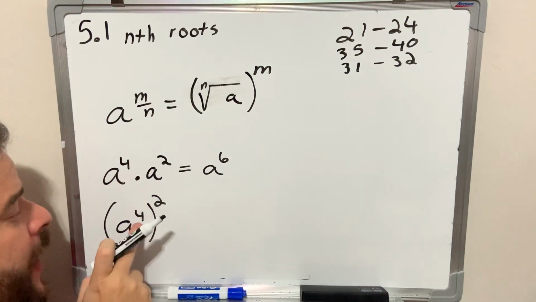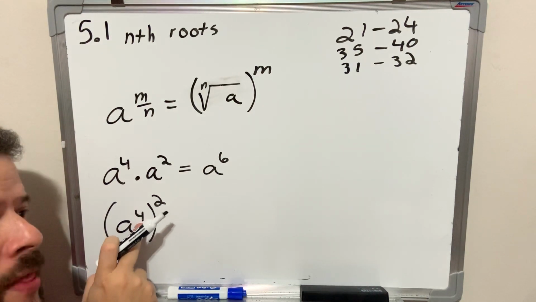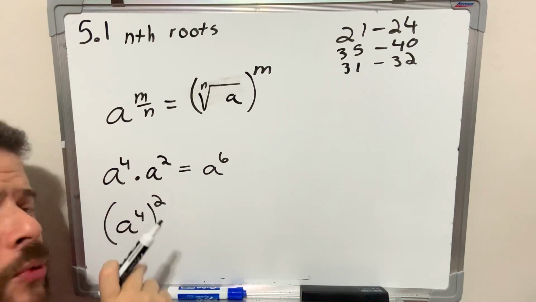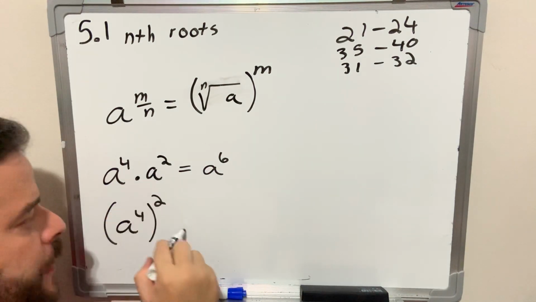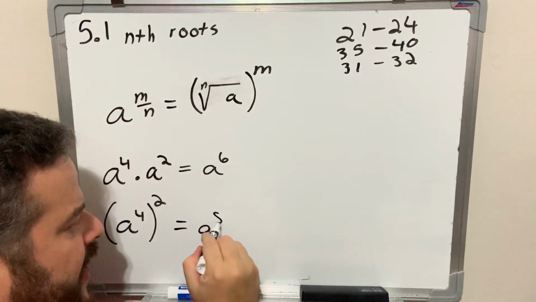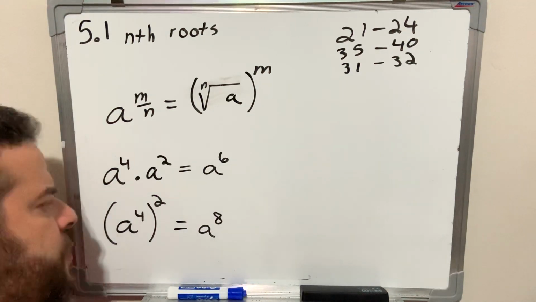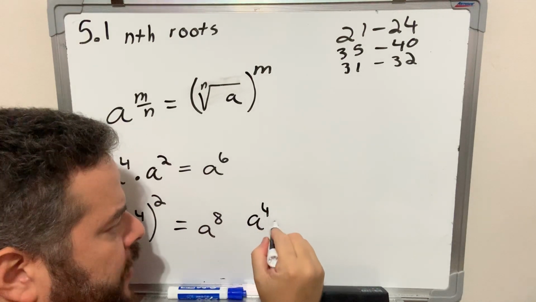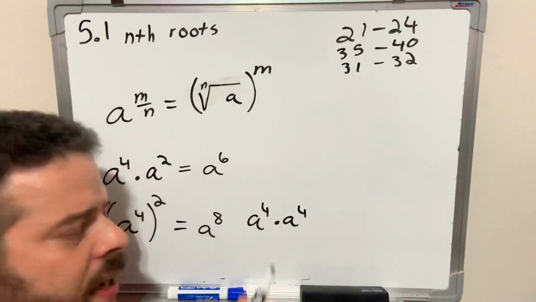Now, when we're raising a variable with an exponent to another power, here you do multiply: 4 times 2 equals 8. And let's see if it's true. a^4 squared is the same thing as a^4 times a^4.